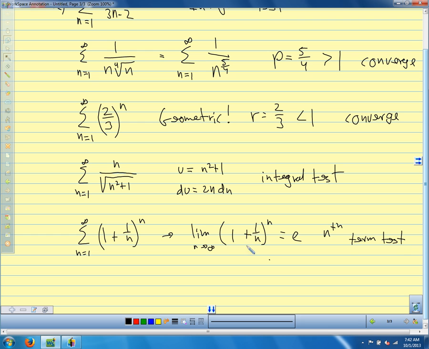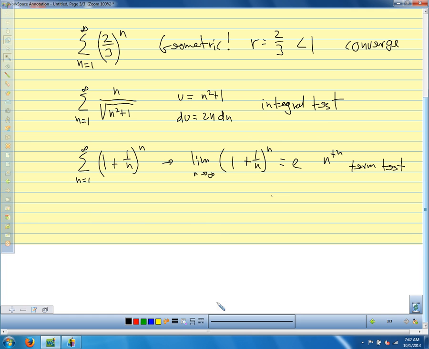This limit is an important one to recognize. This limit is E. We talked about that a couple of times before. This came about from calculating compound interest. So by the nth term test, this series diverges.